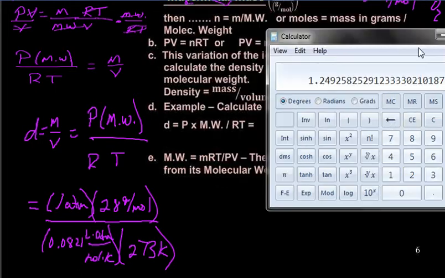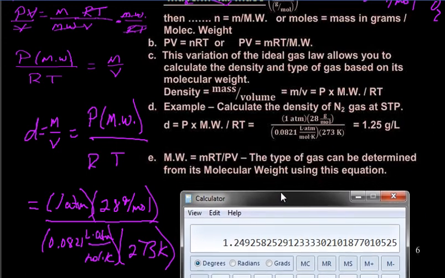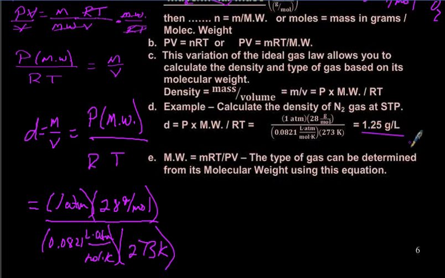And that gives us a density of 1.25 grams per liter. And that would be the density of the gas at STP. Now, we can also manipulate this a different way, where we can actually find the molecular weight of a gas if we know all of the other stuff. If we know the mass of the gas and R and T and P, we can figure things out that way as well.